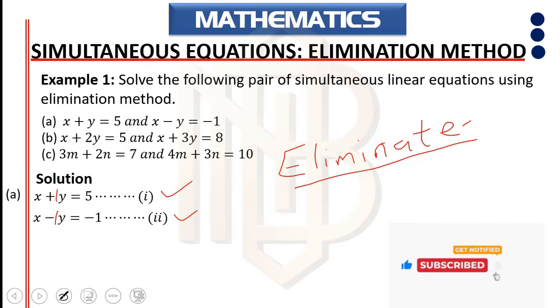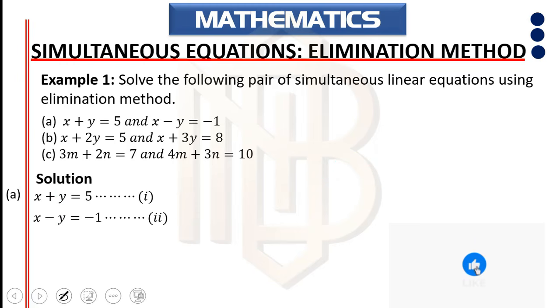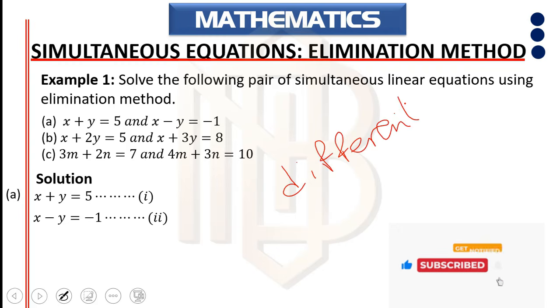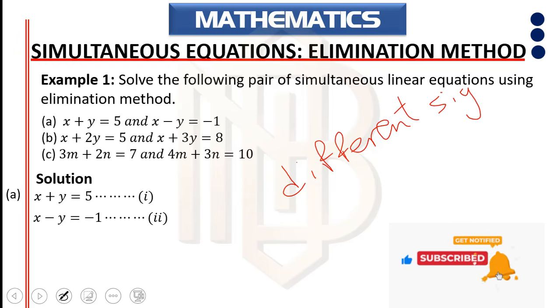Are we together? If you have plus 1 and minus 1, you can easily say, okay, because they are of different sign. Let me just write it this way: different sign. When you have different signs, you do what? You add.